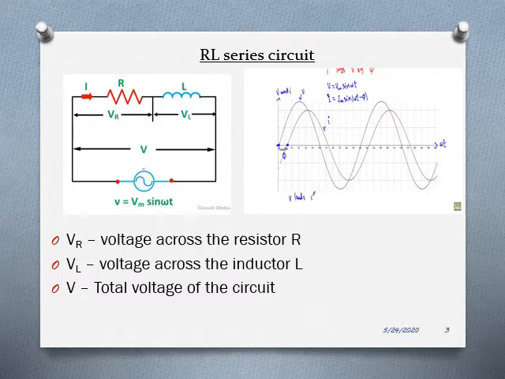Now, as we have already learned, the instantaneous value of voltage v is equal to Vm sin ωt, and the instantaneous value of current i is equal to Im sin(ωt − φ). It is minus phi. Why? Because the current is lagging the voltage by an angle phi, where phi is the phase difference, which will be an angle between 0 and 90 degree.